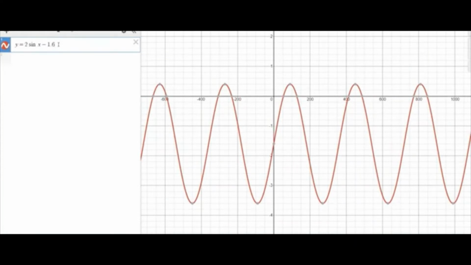The difference between minus 1.6, the axis, and the top, 0.4, is the same as before, so there was no change in amplitude. Even if we add any number after sine or cos x, there is no effect on amplitude. That's why I did not even mention amplitude or 2 in front of sine x here, because it was not affected at all by the axis.